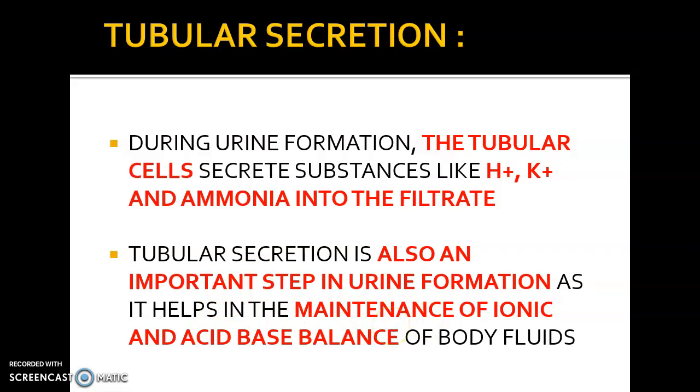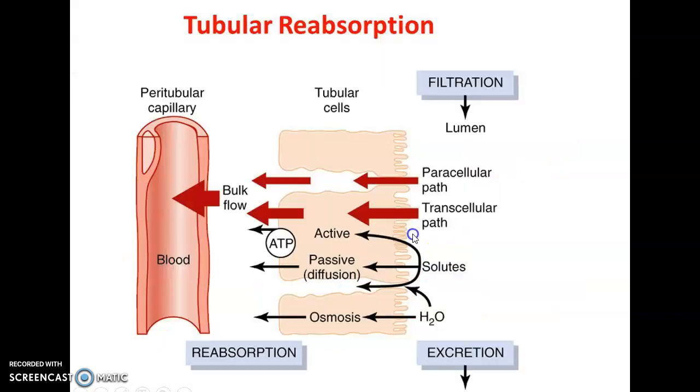You know that urine has a particular pH, right? So to maintain the pH as well as the ionic acid base balance of the body, this step, that is tubular secretion, is very important.